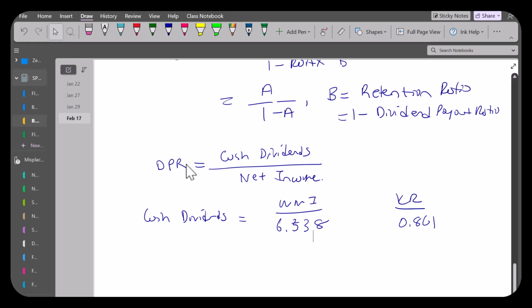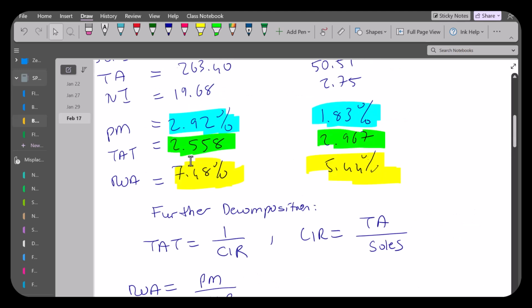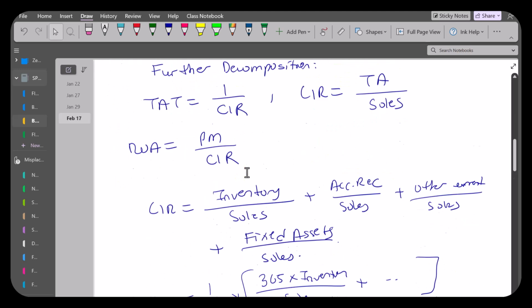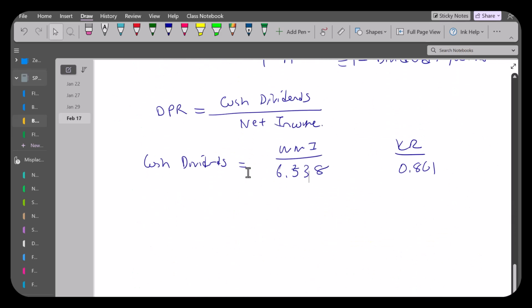Let's remember the net incomes. 1968, 275. And you make these calculations, keep the units consistent.